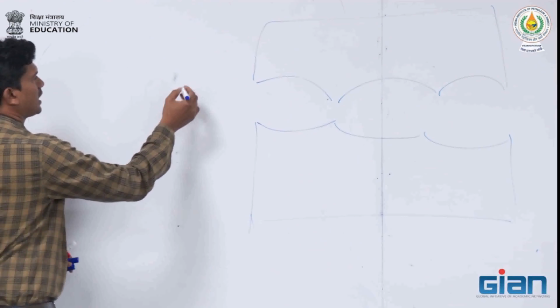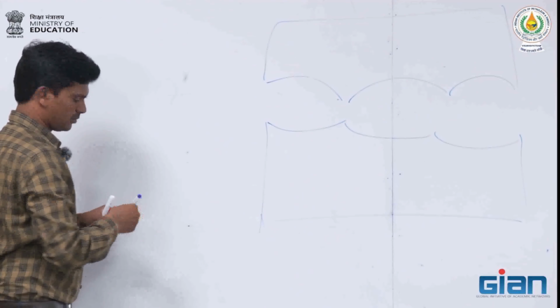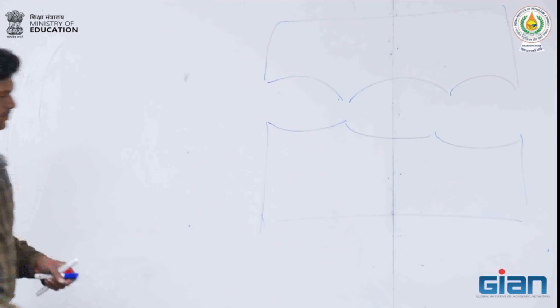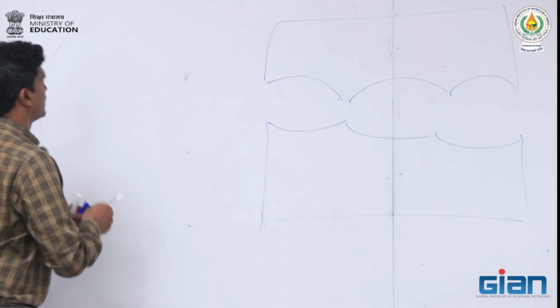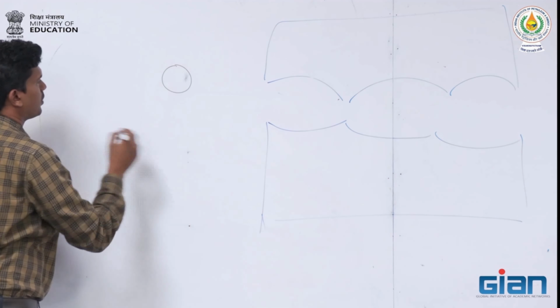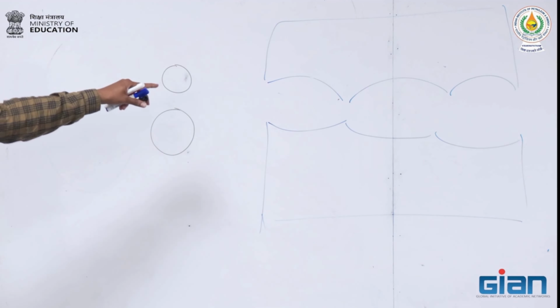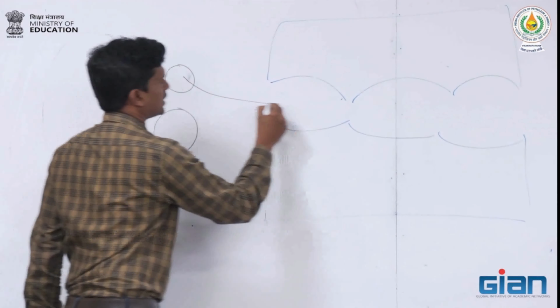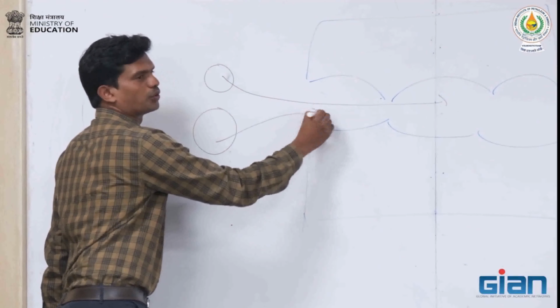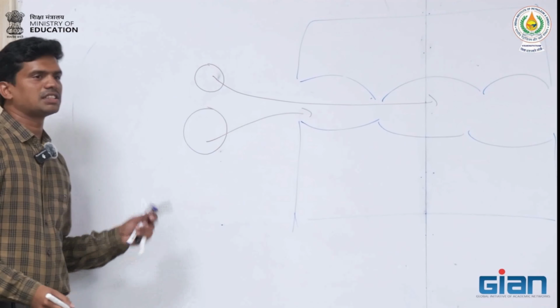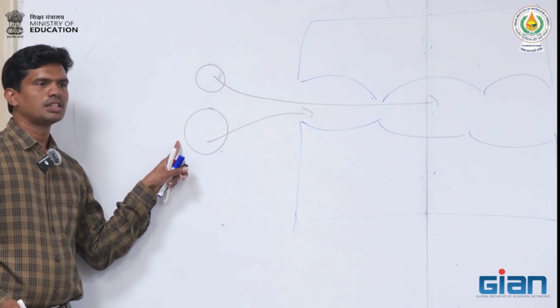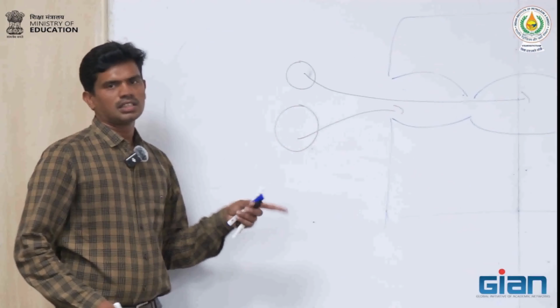This pore structure can accommodate both molecules. Both can enter into the pore surface, but one can diffuse faster and the other diffuses slower because of several reasons. One may be the size, two may be the interactions.